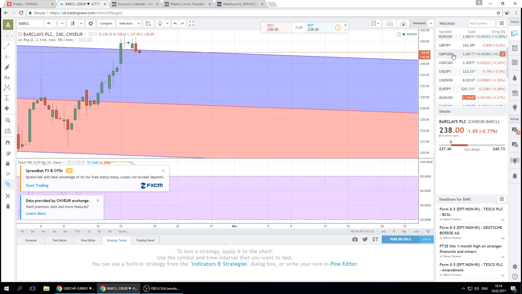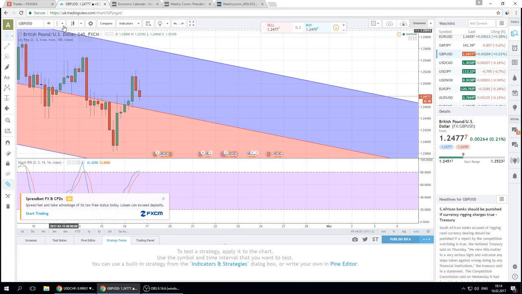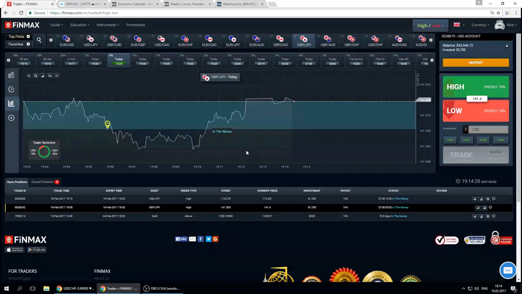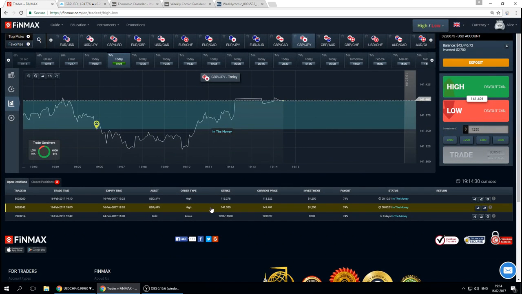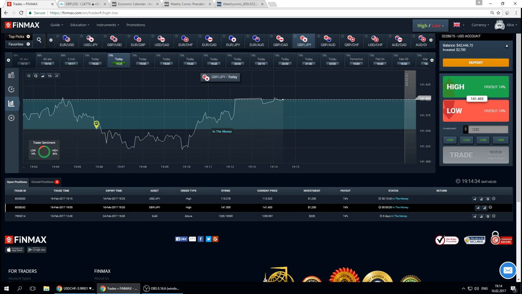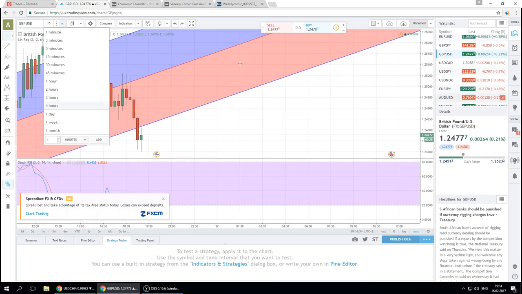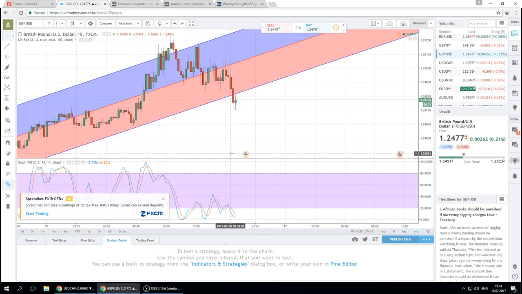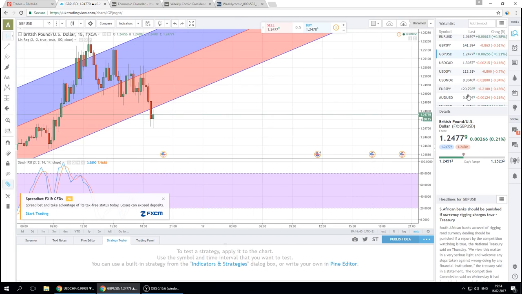So let's see what we have on the chart, on the assets that we work with right now. British pound to yen and USD to yen. So you see, after several candles, we have a good one that's in our direction.